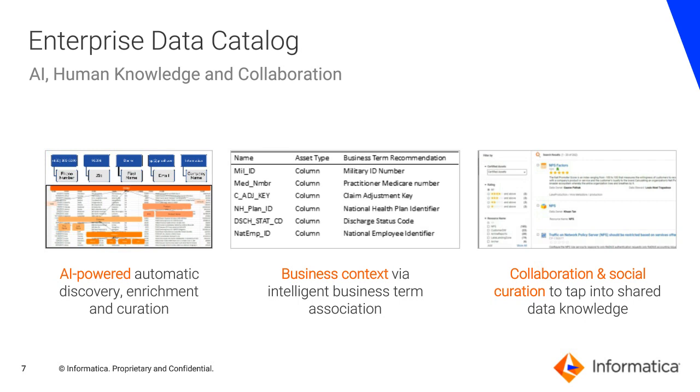Enterprise Data Catalog also enables human expert input, knowledge sharing, and collaboration. We've provided a Yelp-like interface where users can provide their reviews, ask questions, and get answers from experts. All of this capability is available in the catalog prior to 10.4 itself. So the earlier versions of the catalog already have these core capabilities.